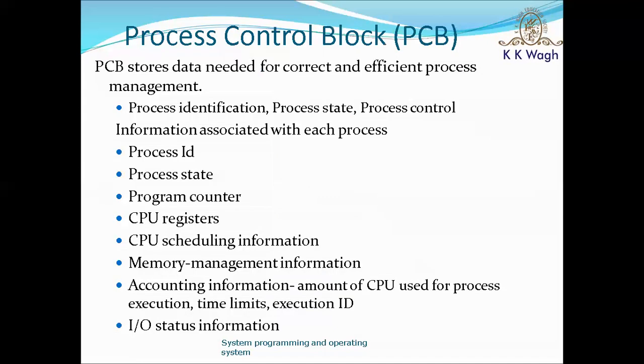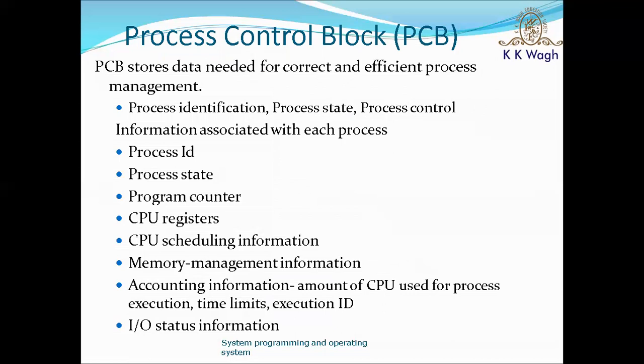Now, the next section is the process control block. Process control block means what? Basically, it stores data needed for correct and efficient process management. A process is more than simply a program in execution, right?